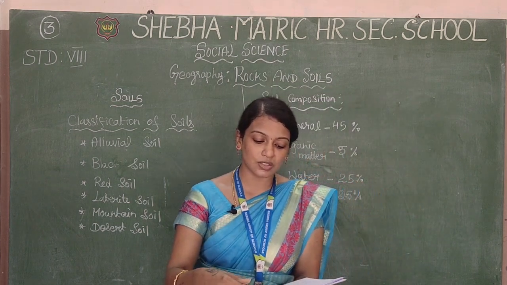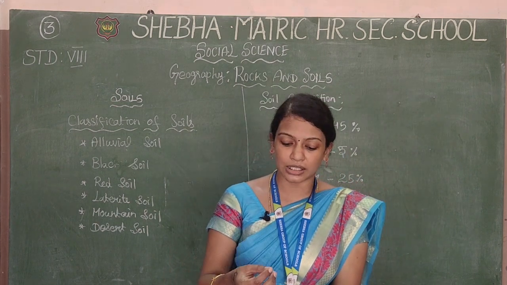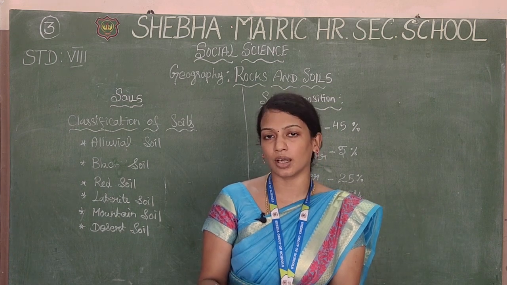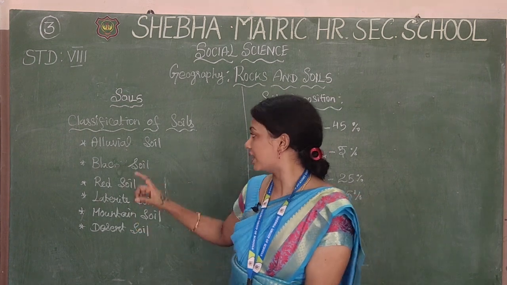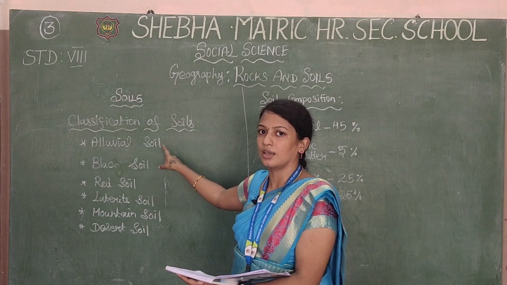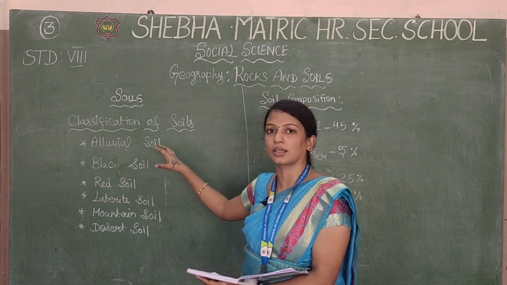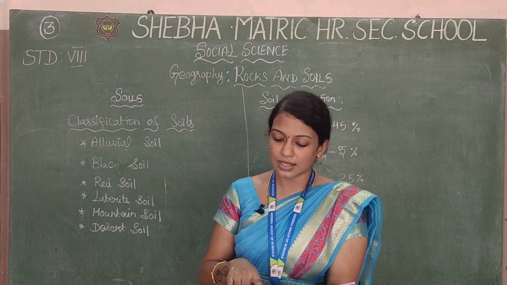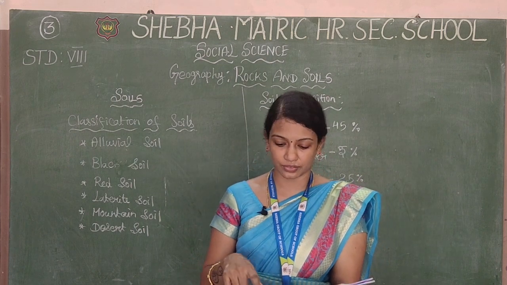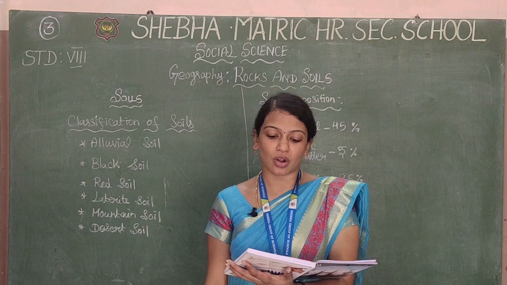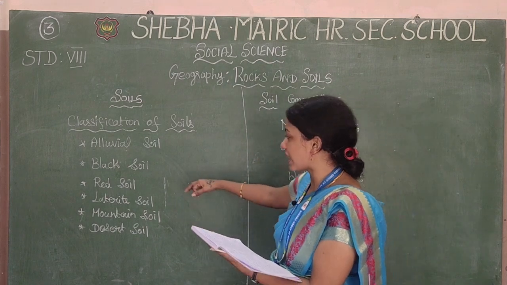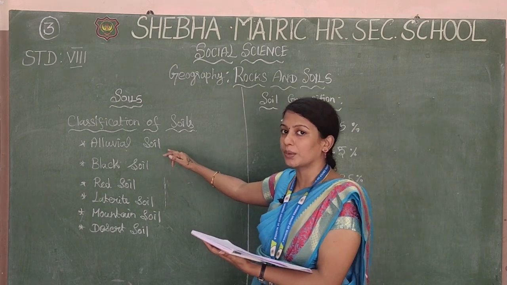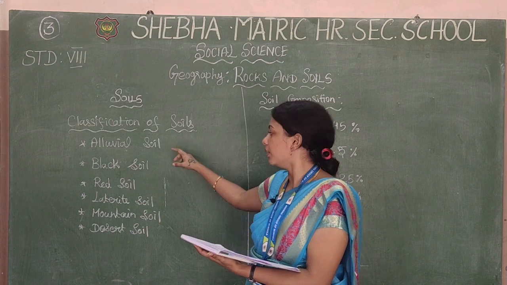First one is alluvial soil, found near river valleys and flood plains. Alluvial soil is used for agriculture. Next one is black soil, formed by weathering of metamorphic rock. We already studied metamorphic rock.